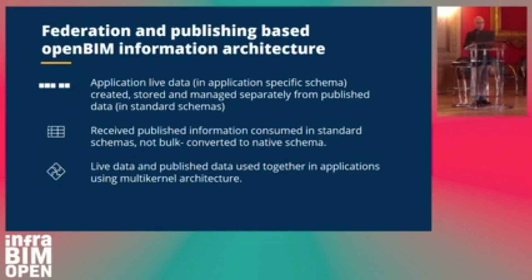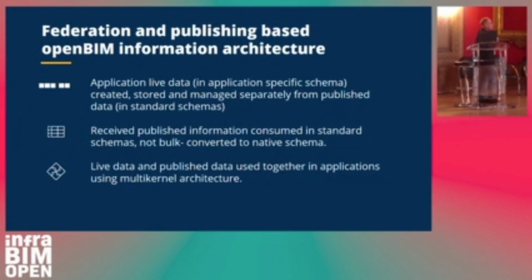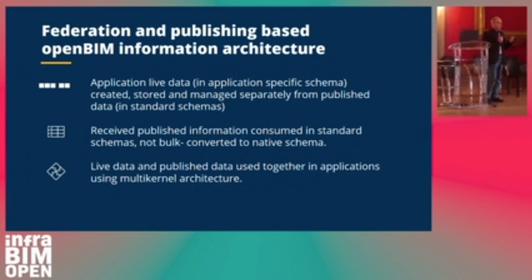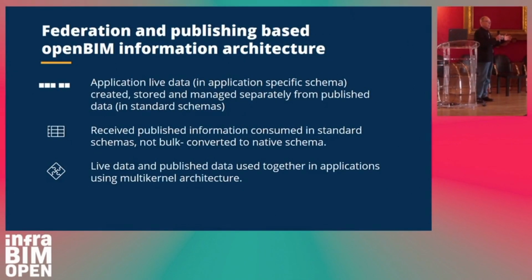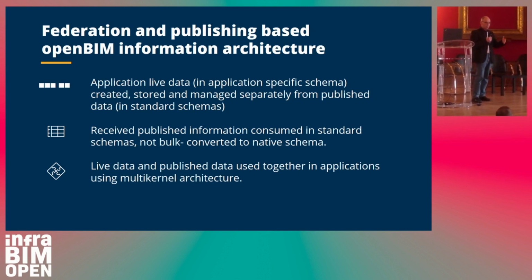But the main principle of this is that you split your application so that you have your own data which you own, which you create, which you manage, which is yours, and then you have data which you have gotten from others. This collateral damage I was talking about, you keep them separate. You never mix them. You keep them totally separate, and you have a firewall between them, and the publish-based here means that you never change something which you have gotten from others.